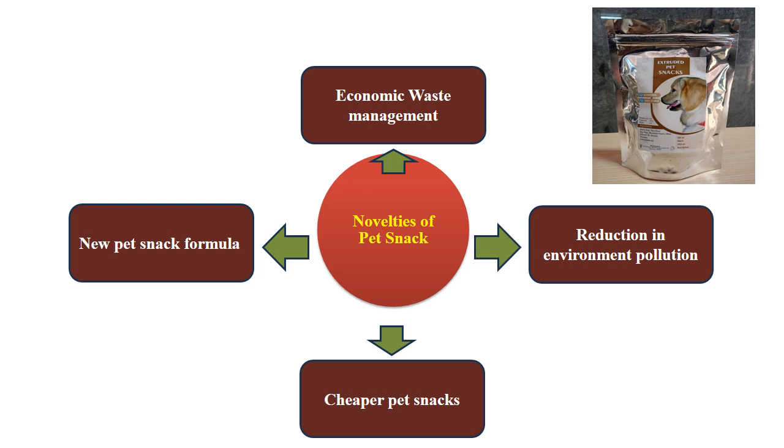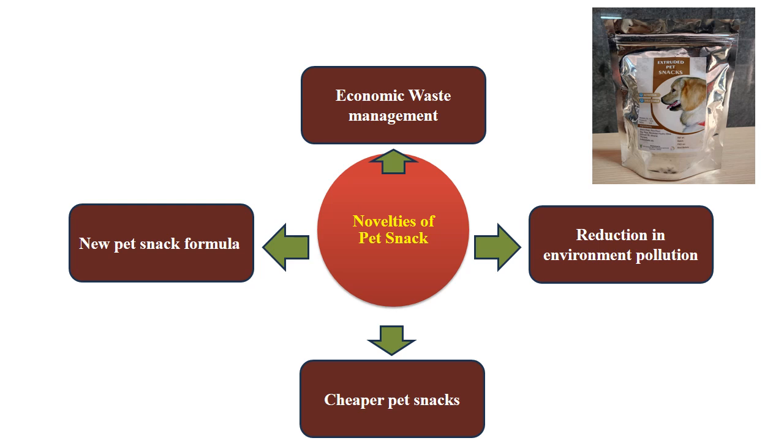Here briefly I will highlight the novelty of this product. It is the most economic utilization of waste or byproducts, making the cost of this product cheaper, and this particular product is somewhat of a new snack formula.